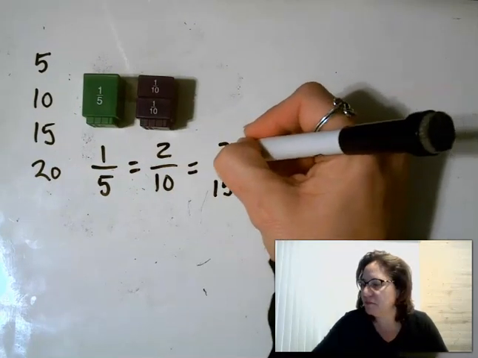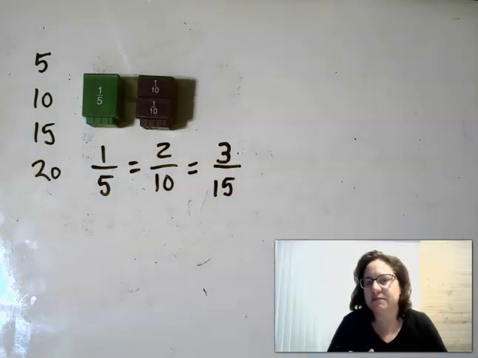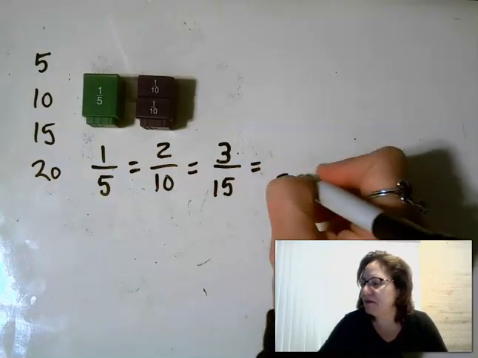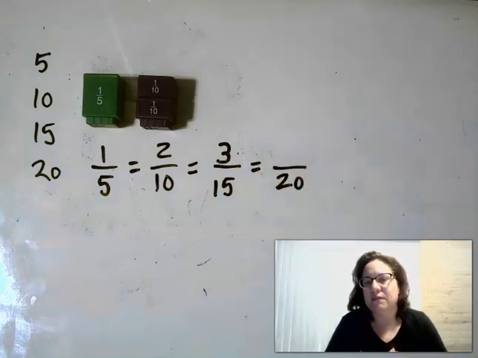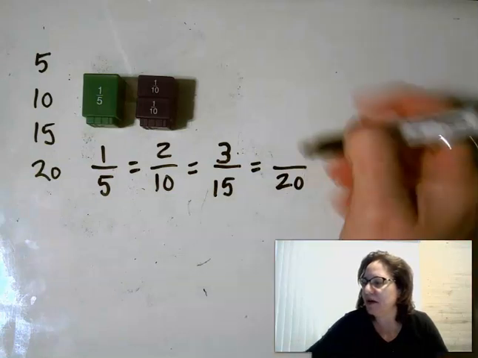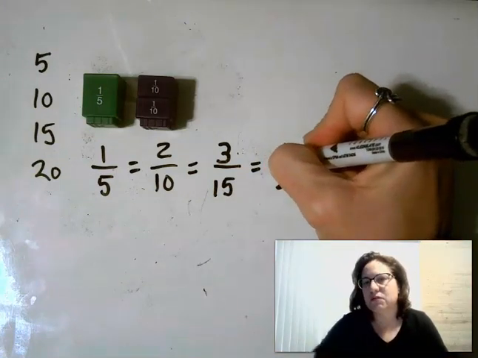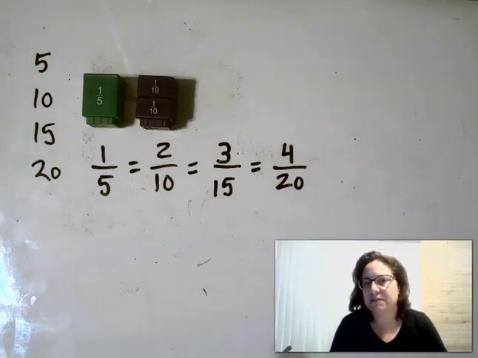Right. 3 goes into 15 5 times. Good job. What if we had a denominator of 20? 20 divided by 5 is 4, or 4 can go into 20 5 times.